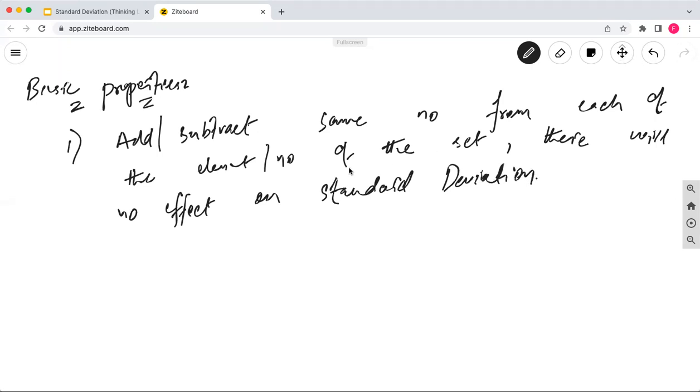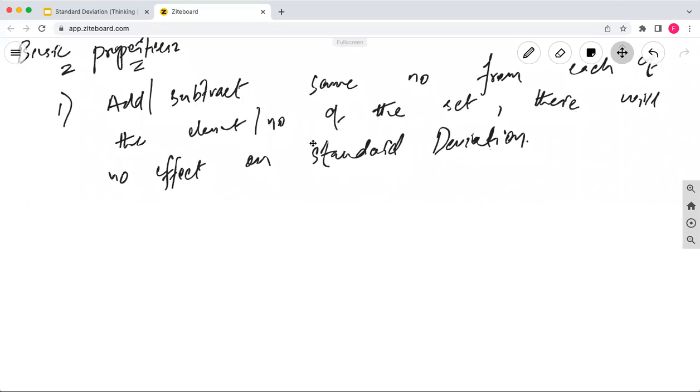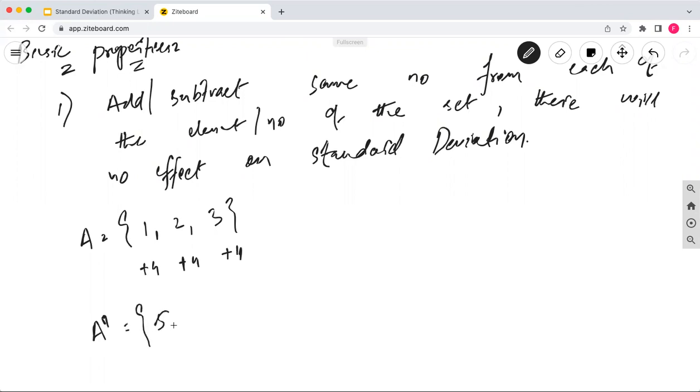If you add or subtract the same element from each of the numbers of the data set, the standard deviation will not change. For example, if you have data set A, 1, 2, and 3, and if you add 4 to all of the elements, the data set will be 5, 6, and 7.